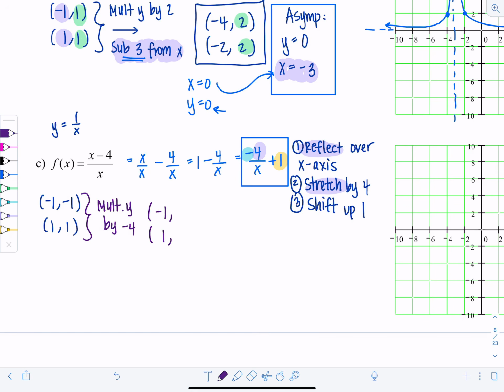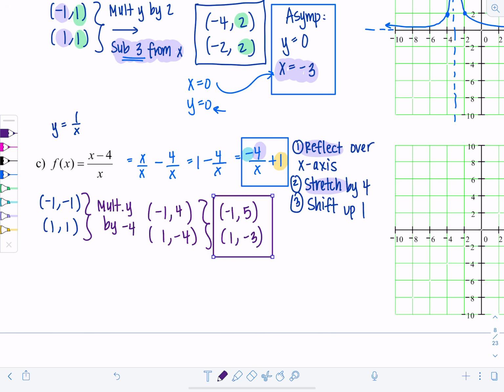And then my new y coordinates, if I multiply them by -4, are going to be +4 and -4. And then last thing I need to do is shift up 1. So x's aren't changing. And then if I shift up 1, I'm going to have +5 and -3. Okay, so those are our final key points.